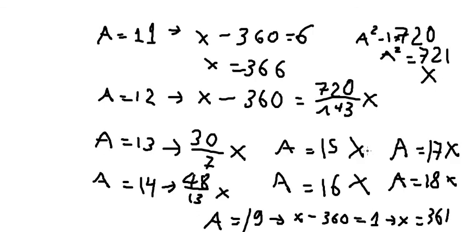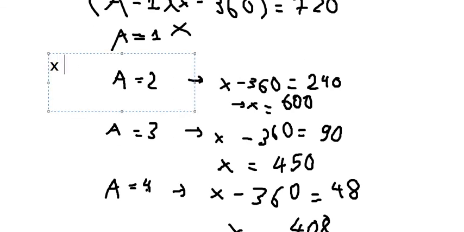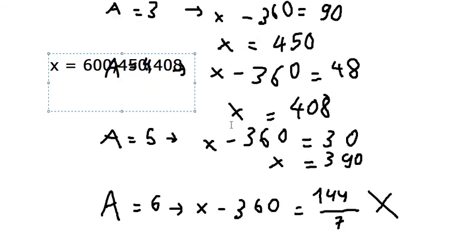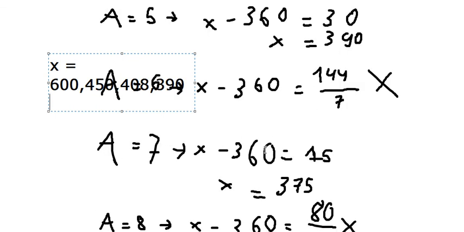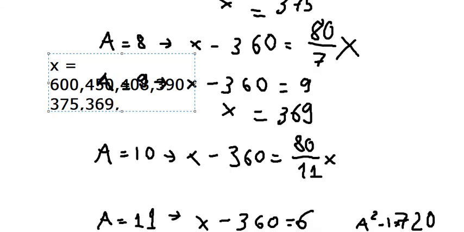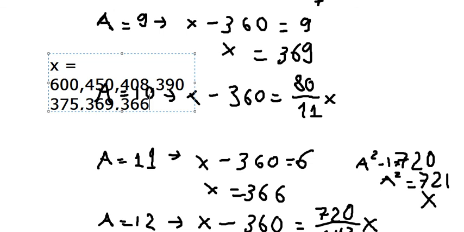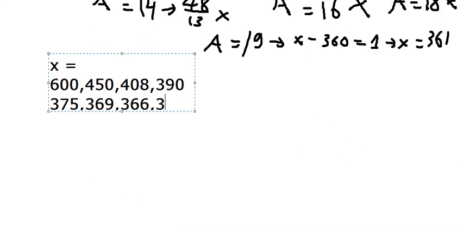Now we will combine everything here. x should be 600, 450, 408, 390, 375, 369, 366, and 361.